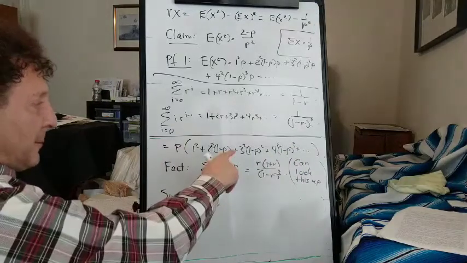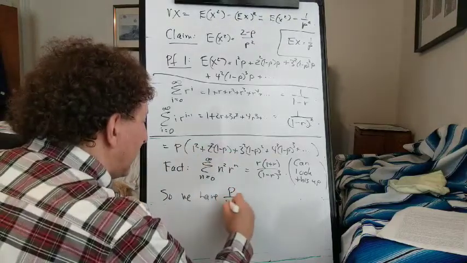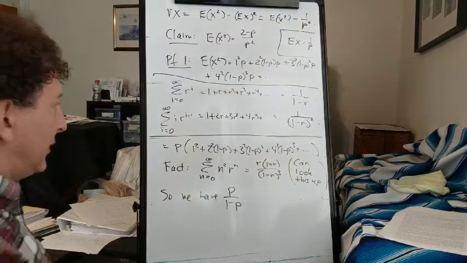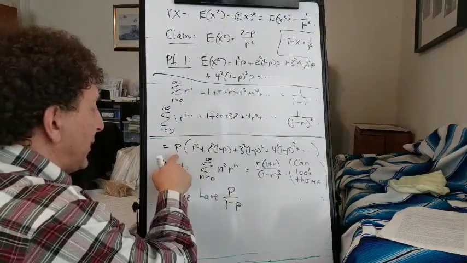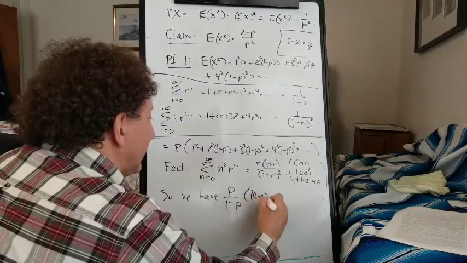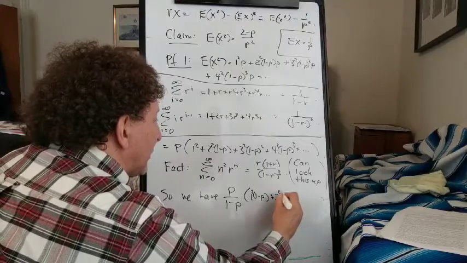So let's multiply by 1 minus p and divide by 1 minus p, so that we get something that has this form, so that we can use that formula. So I'm going to divide by 1 minus p on the outside and multiply by 1 minus p on the inside, so that the power of 1 minus p matches the number next to it, which is squared.